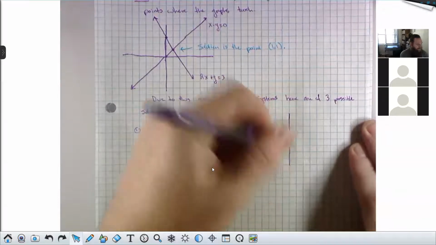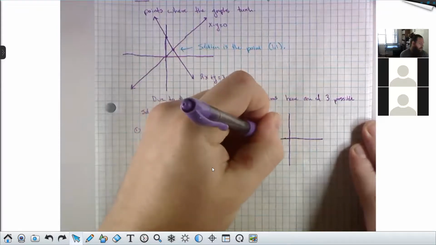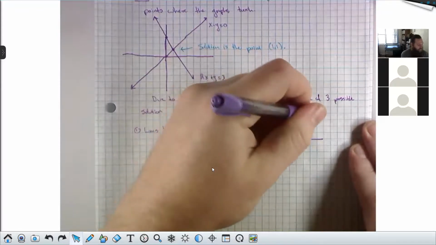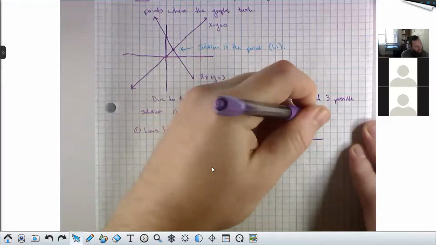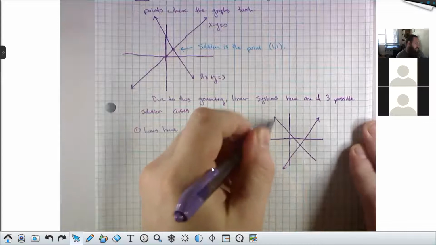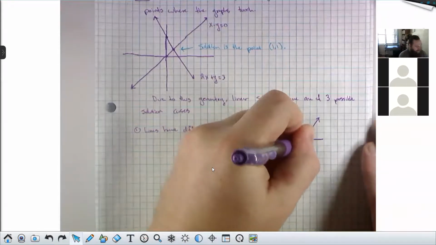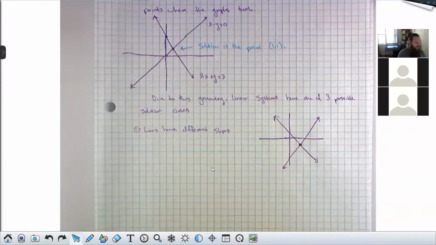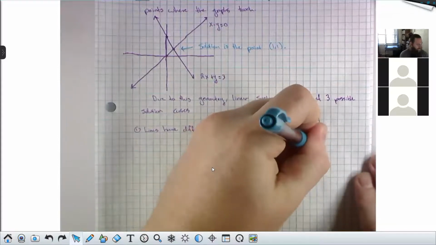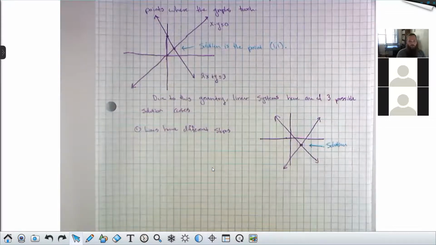All right, that's like the picture we have above. You see, no matter what those lines are, if one of them is like over here, and the other one is like over here, if the lines have different slopes, then you will have one and only one solution. Because two lines with different slopes always meet in a single point.